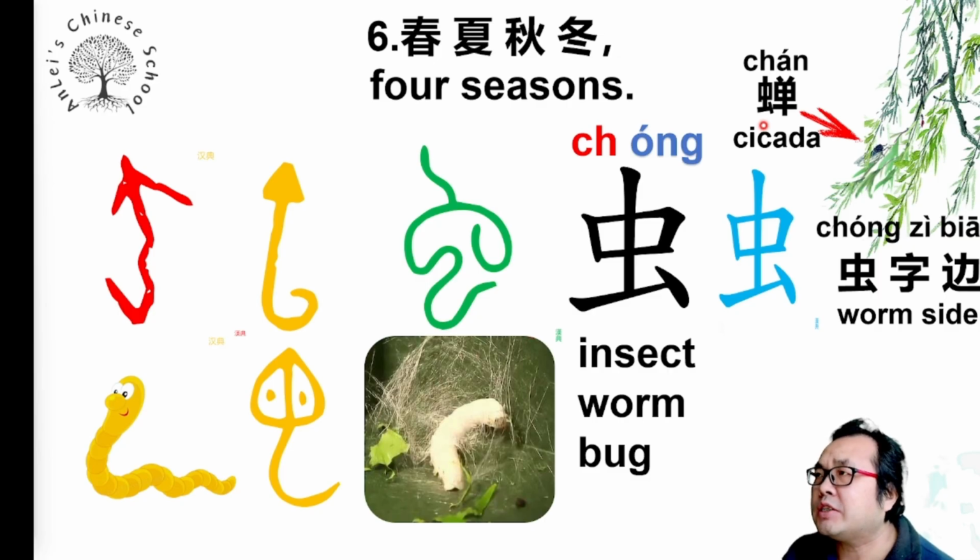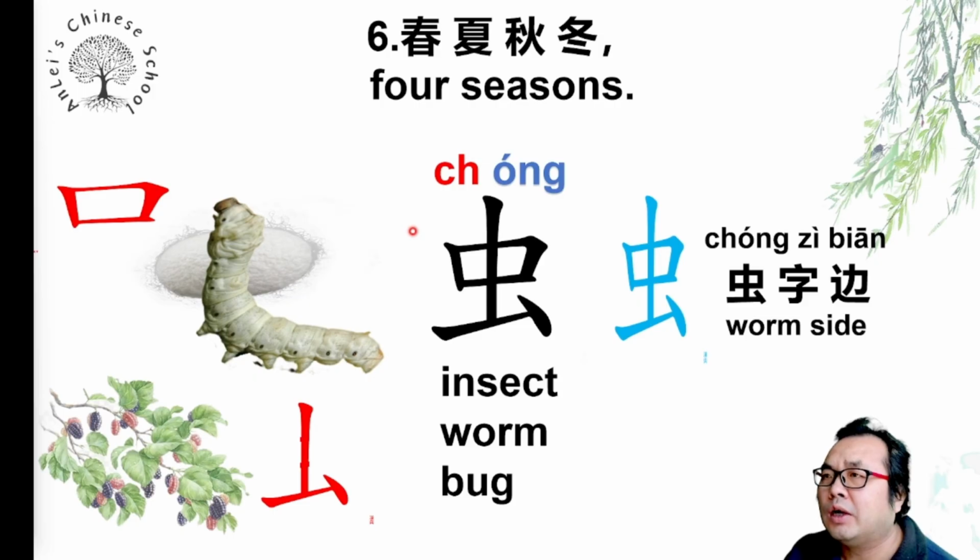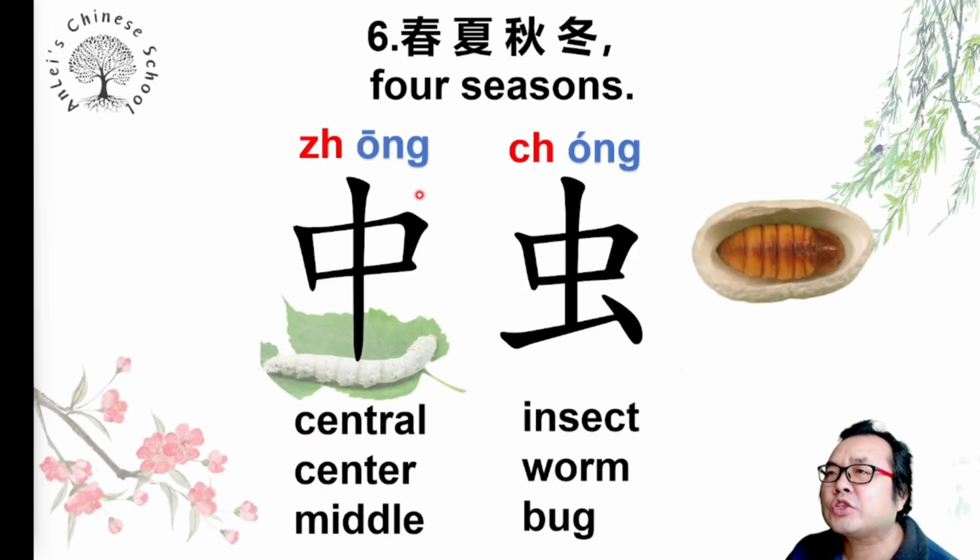Cicada. We have a lot of Chinese characters with multiple pronunciations. 虫, chong. The rectangular part is just like a cocoon. This part is like a silkworm standing up. 虫, chong. Insect, worm, bug. The radical is 虫字边, worm side. 中, zhong, 中国, 中, central, center, middle.